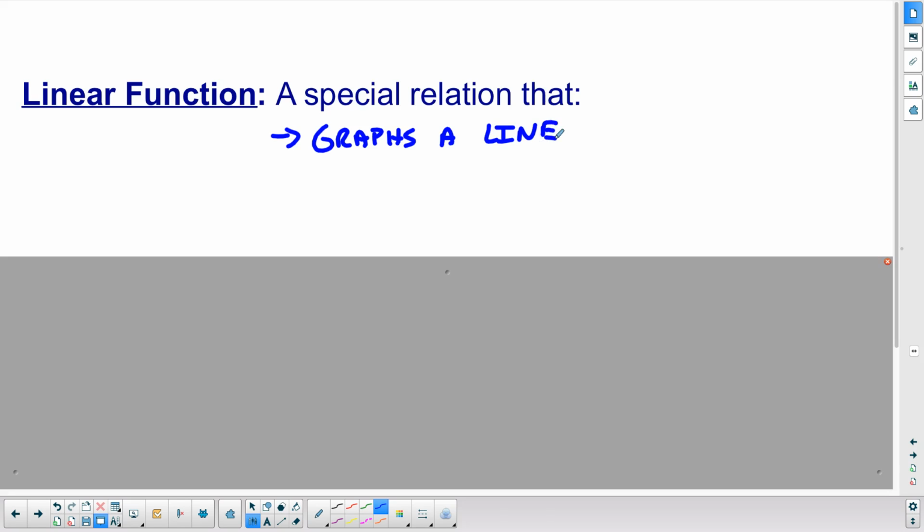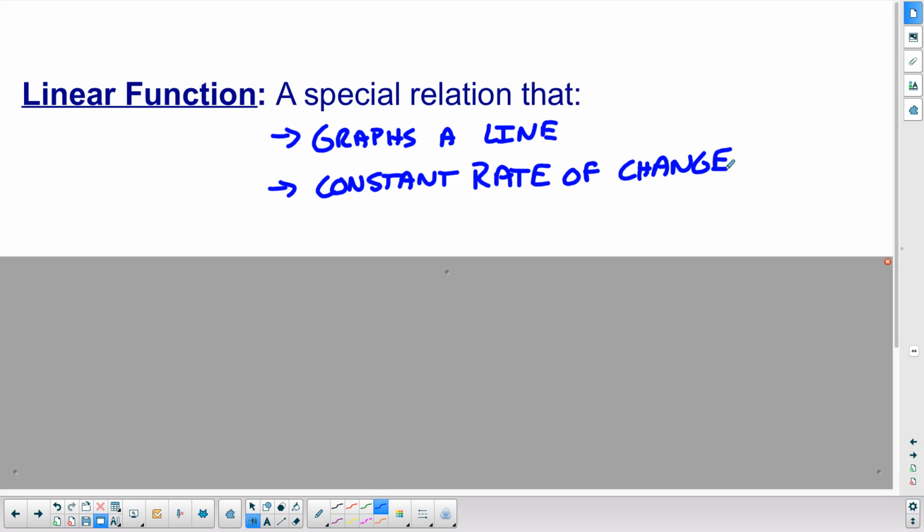A linear function has a constant rate of change. Normally, a linear function looks like y equals mx plus b.